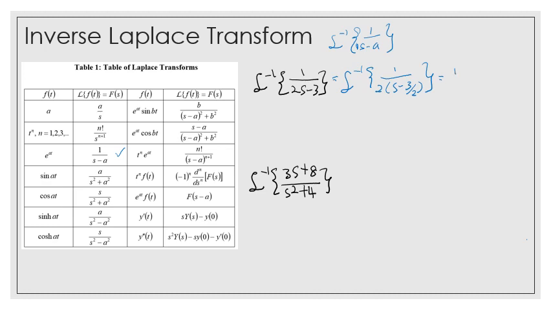Then we will get 1 over 2 times the inverse Laplace of 1 over s minus 3 over 2. Then the solution will become 1 over 2 e to the power of 3 over 2 t, because a here is equal to 3 over 2.